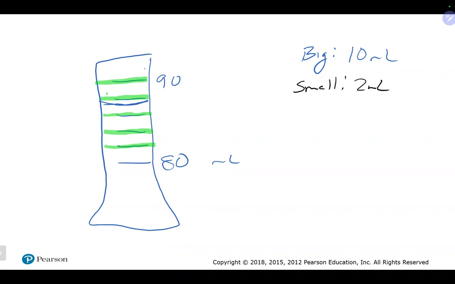So each of the smallest markings represents 2 milliliters. That would be like 82, that would be 84, that would be 86. That would be 88, and the next marking would be 90 in this particular case. Now, if I find myself right about there, what is between 86 and 88? It is 87 milliliters.